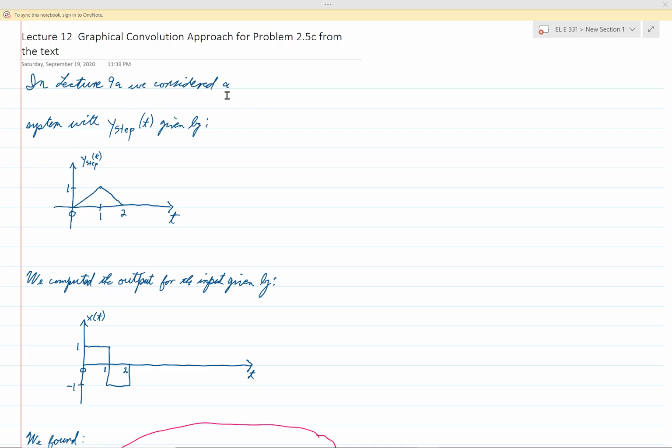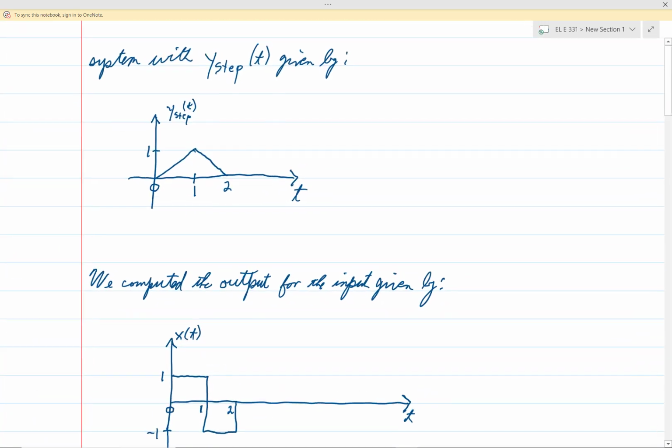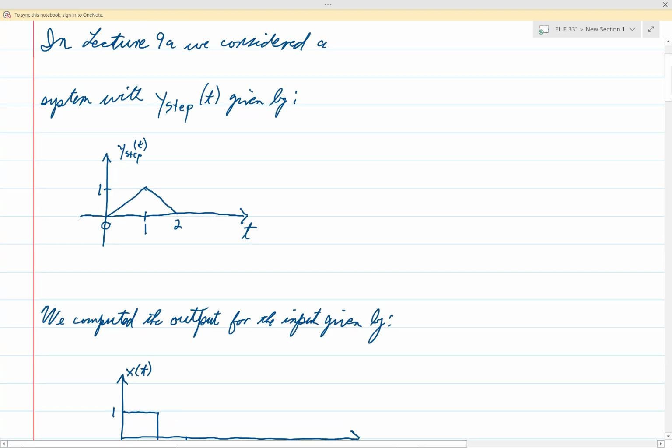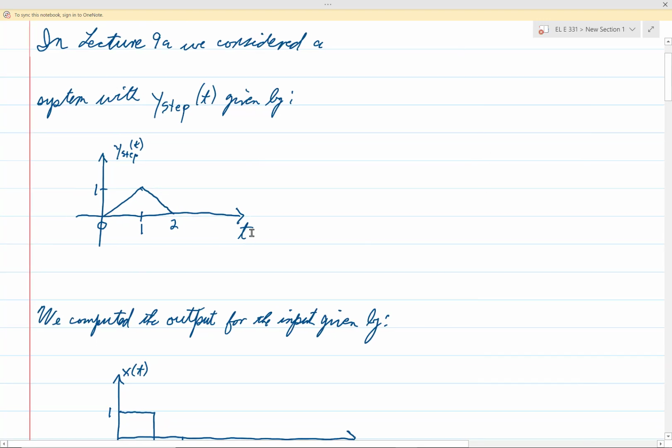So in lecture 9a, we looked at this problem, and what we're told is that we're considering a system for which the step response is given by this function shown right here. Let me make that a little bigger for you. So this is the step response of the system.